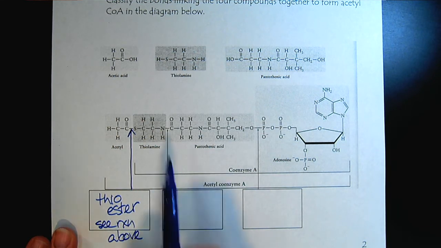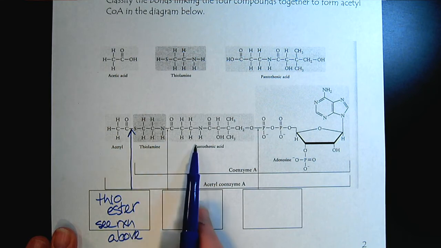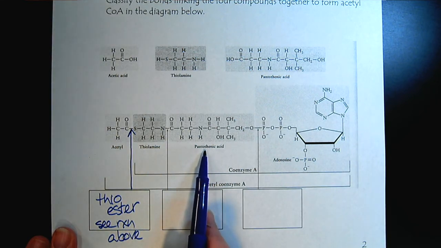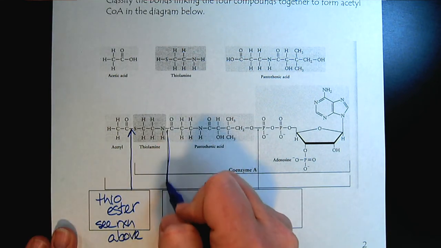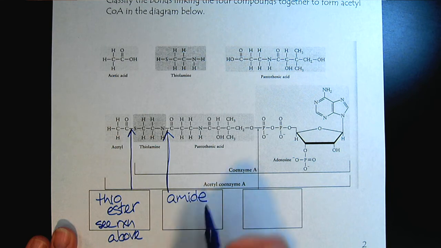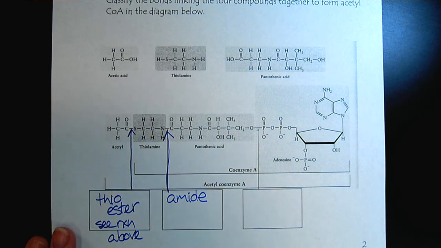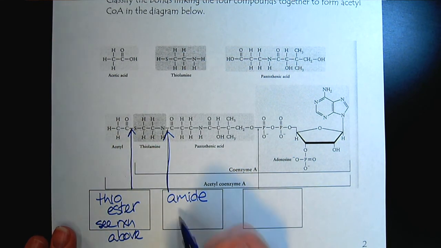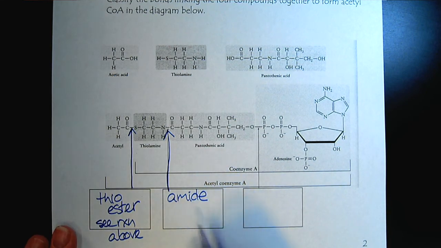And now if we look closely, the thioamine, how does it connect to the pantothenic acid? What type of bond is that? That is an amide bond. Since these aren't proteins and amino acids, we don't call it a peptide bond. We would call it an amide bond.